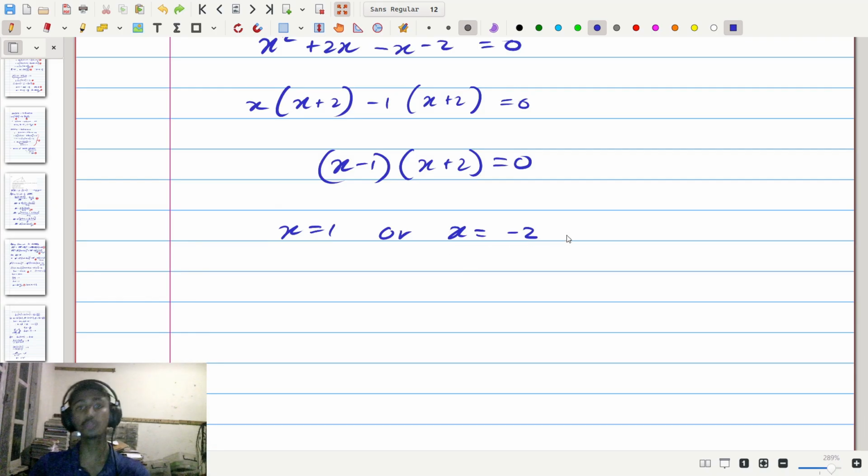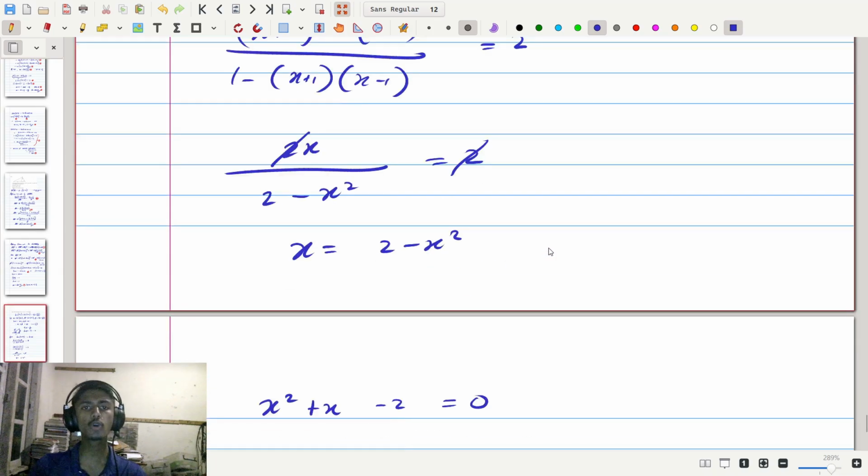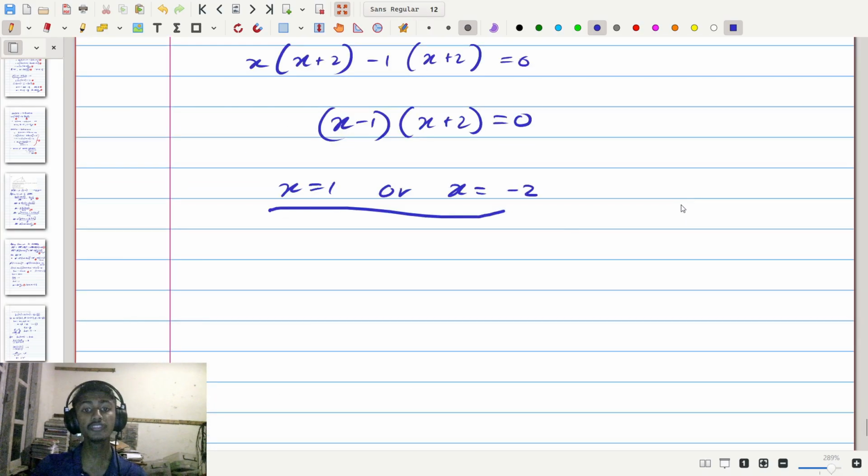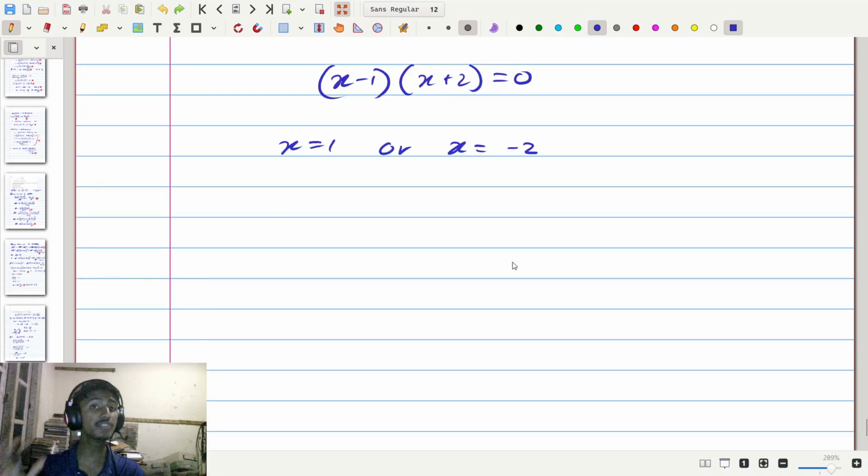Now out of these two, we need to see whether both of them are solutions, one of them is a solution, or none of them are solutions. So if we go back to our original equation, which said tan inverse of x plus 1 plus tan inverse of x minus 1 equals sin inverse of 2 over root 5, and consider each of these values, we will see one of them works and one of them doesn't work.